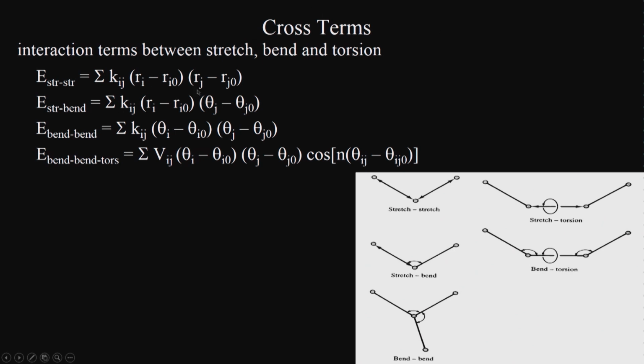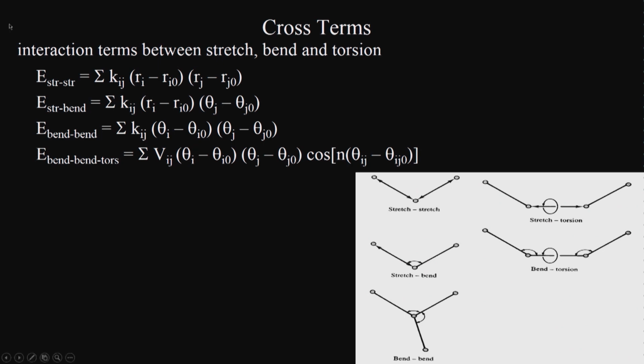So, some software considers cross terms, interaction terms between stretch, bend and torsion. For example, stretch-stretch: (Ri minus Ri naught)(Rj minus Rj naught), stretch-bend. So, you see that the terms come in multiplying each other. You can have bend-torsion, you can even have a 3 term coming into the picture, okay. So, some software considers the cross terms, depending upon the complexity and realistic factors you want to put in, you can have more terms, and of course the more terms, the more parameters I need to know.